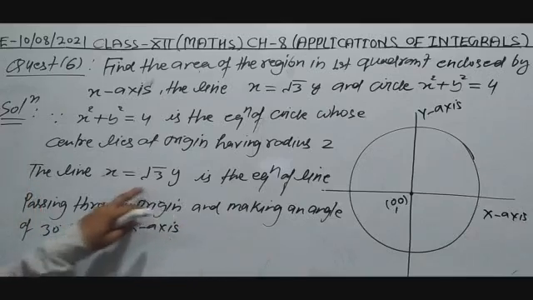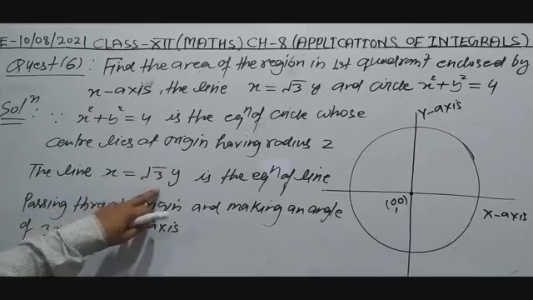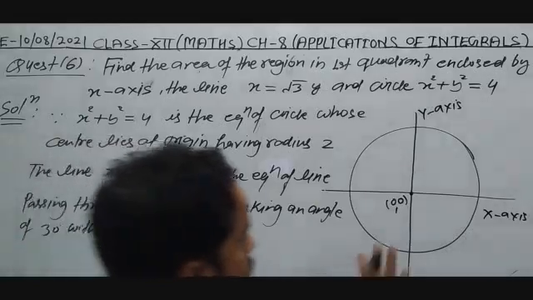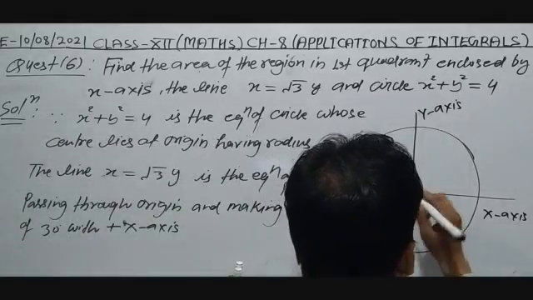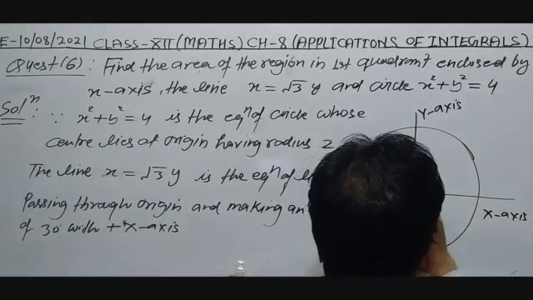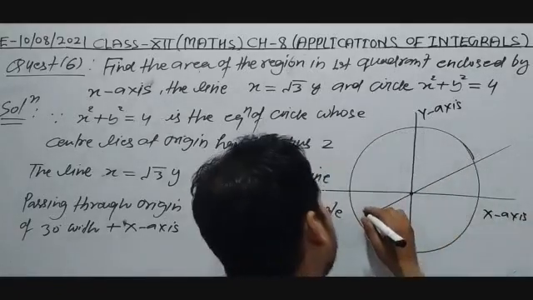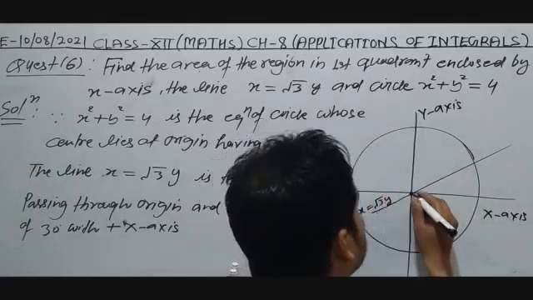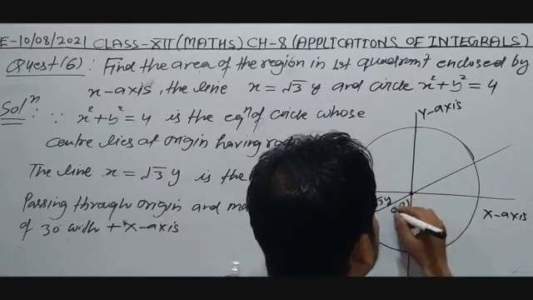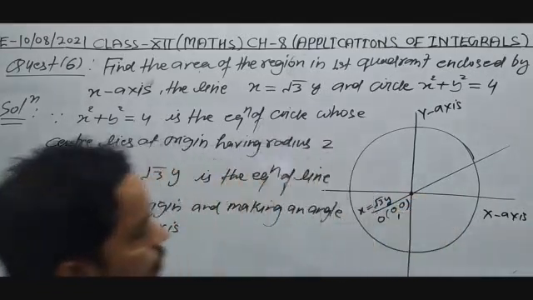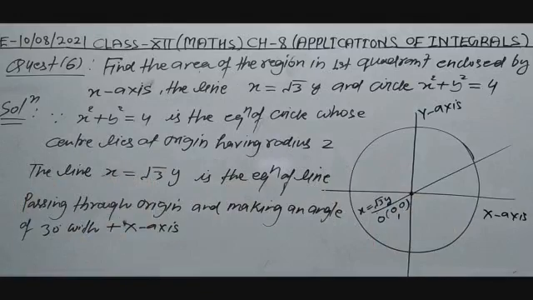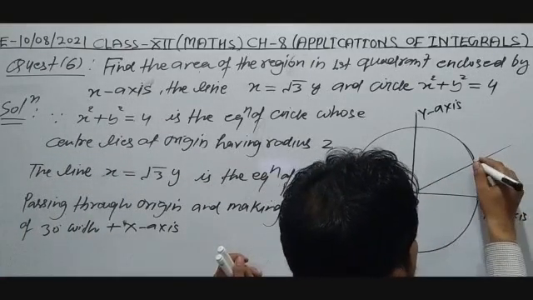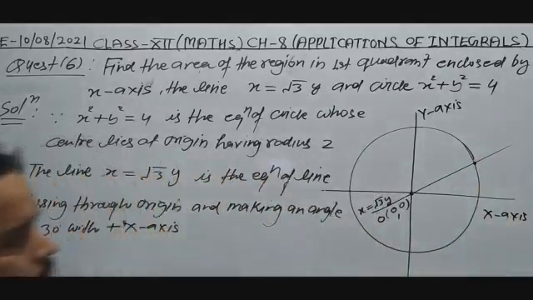When you convert in y is equal to mx plus c format, y is equal to 1 by root 3 x plus 0, the y intercept is 0. So you can draw this line, x is equal to root 3y, and it intersects the circle at a point.